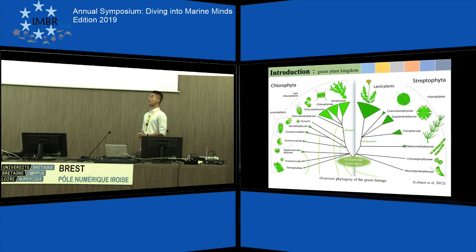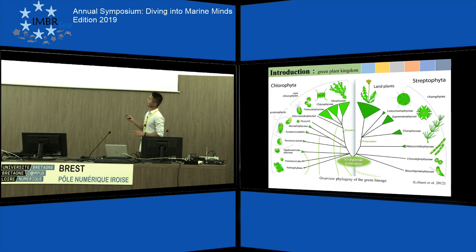So first off, I would like to give a bit of background information on Viridiplantae, the green plant kingdom. This kingdom contains two clades, Streptophyta and Chlorophyta. Streptophyta evolved from seawater to freshwater and gave rise to all the land plants today.